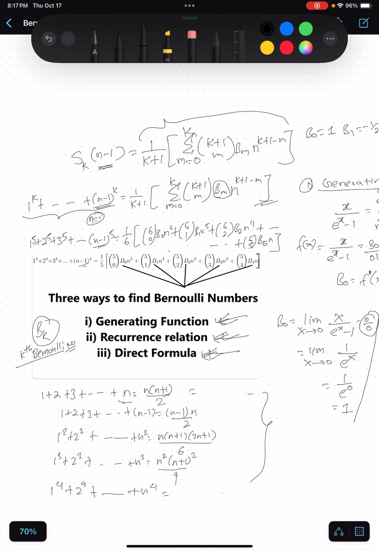Then you are actually summing up to the 0th term, like you are not summing anything at all, right? So if you put n equals to 1 on both sides, there will be a sum up to the 0th term, and on the other side that will be the sum from m equals to 0 to k plus 1, k plus 1 choose m, b of m, and this is 1 to the power k plus 1 minus m, right?